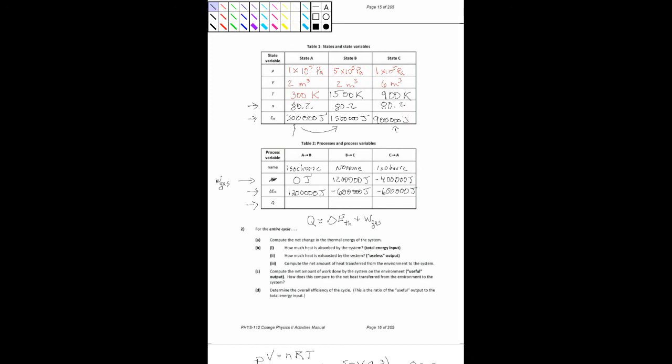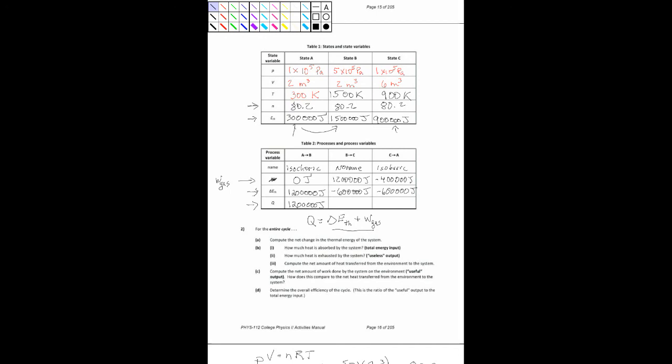And if we look at the right-hand side of this equation, we already have those two terms in our table 2 for each process. So let's look at the first column as we move from A to B. We basically add 0 joules and the 1,200,000 joules. So Q, the heat added to the system as we move from A to B, is 1,200,000 joules.